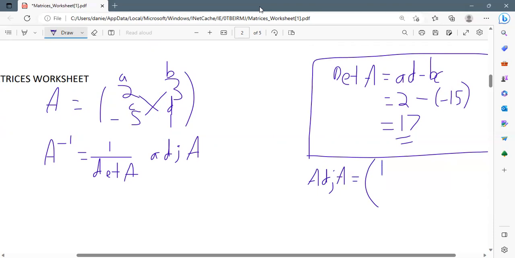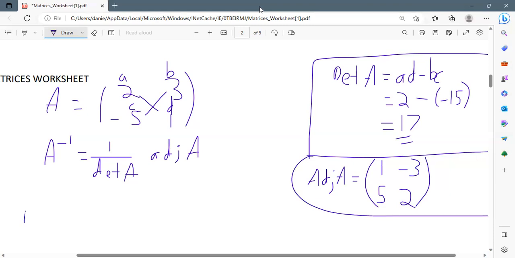So in this case, a will be 1 because that was d, and d will be 2. You just swap the positions. And you swap the signs of b and c. You're not swapping the positions for these. Since b is positive originally, it will become negative. And since c was negative here, it will be positive 5 here. And that is the adjoint. So those are the two things we need to get the inverse.